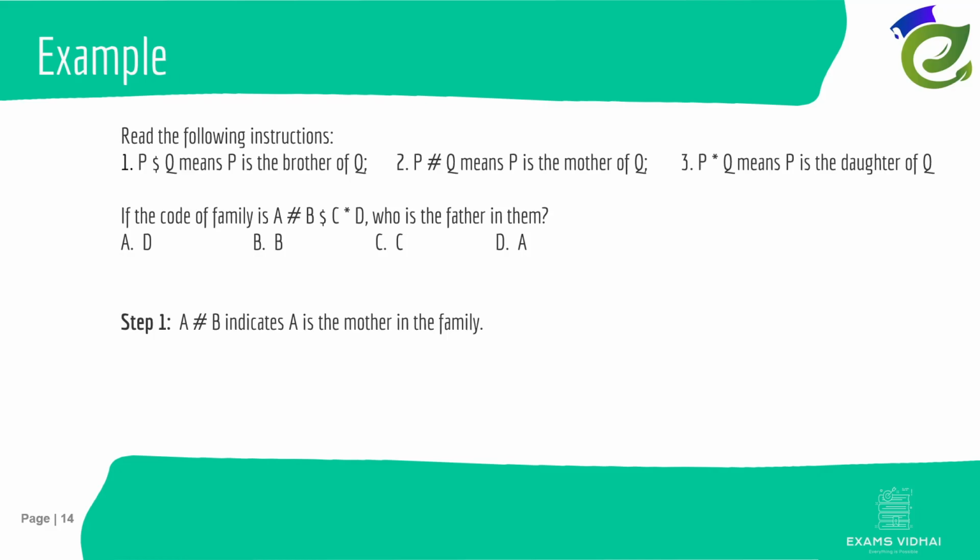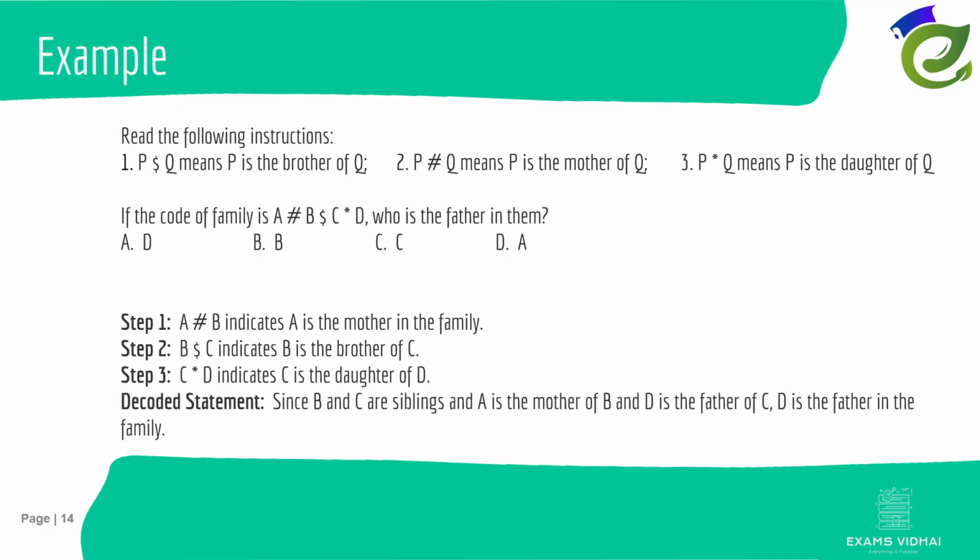So step 1 is A hash B indicates A is the mother in the family. Step 2, B dollar sign C indicates B is the brother of C. Step 3, C hash D indicates C is the daughter of D. So the decoded statement is, since B and C are siblings and A is the mother of B and D is the father of C, then D is the father in the family.